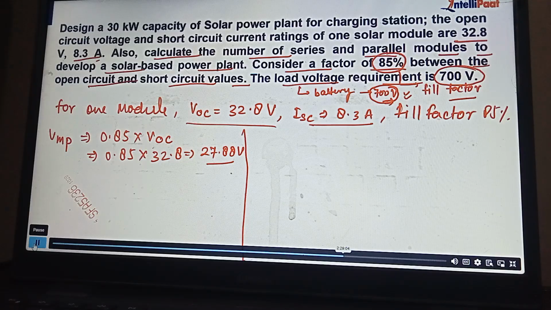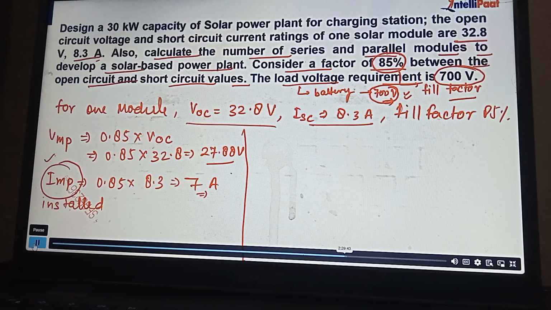Now what about the IMPP or IMP? IMP can be calculated as 0.85 multiplied by 8.3, because 8.3 ampere current is given here. That is almost 7 ampere, if I'm not wrong. Now the total installed capacity of a plant.